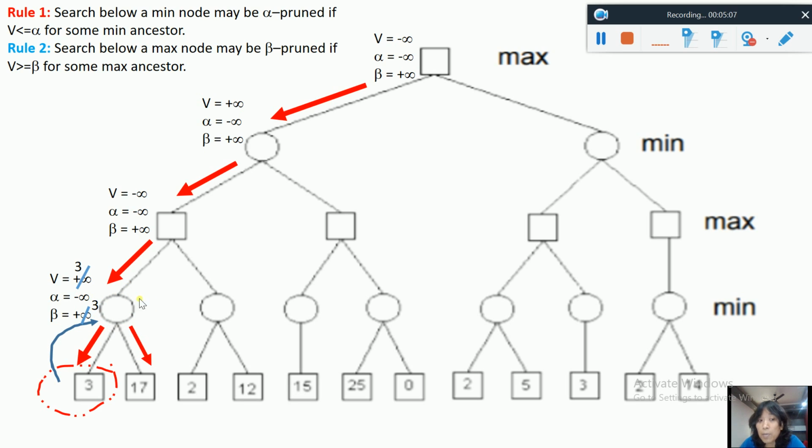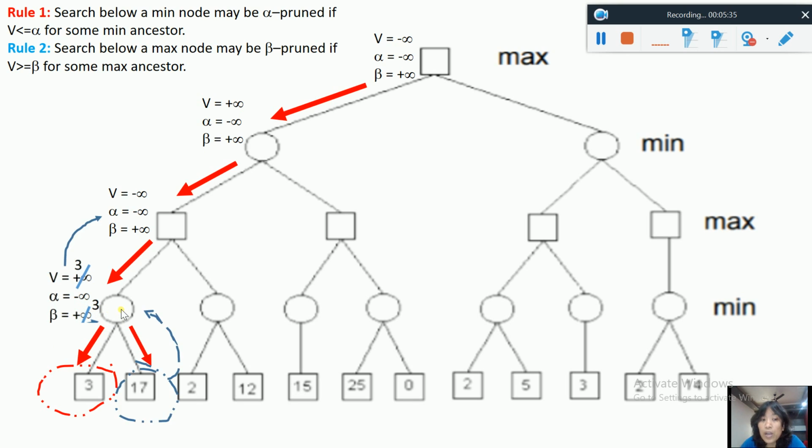As it is the min player and 3 is the best value for the min player, since 3 is much less than plus infinity, the min player will update its value with 3, and the minimizer, beta, will also update its value as 3.